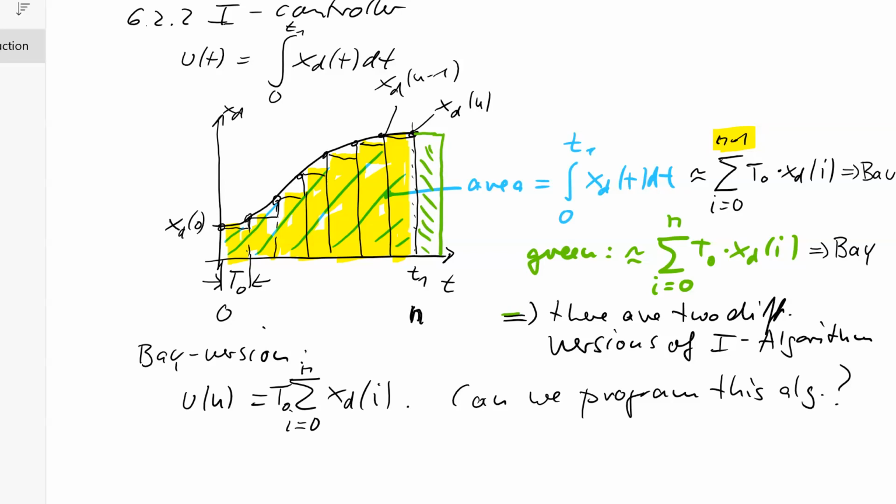Imagine what that does mean. For example, if you have a sampling time of 1 millisecond, you get 1000 values a second. After 1 minute, you have 60,000 values. After 1 hour, you have 3.6 million values. So the number of values will get larger and larger.